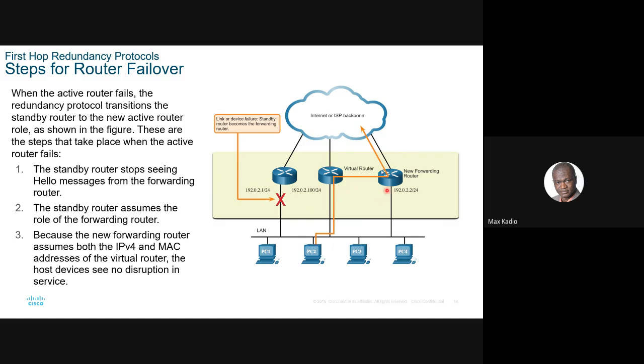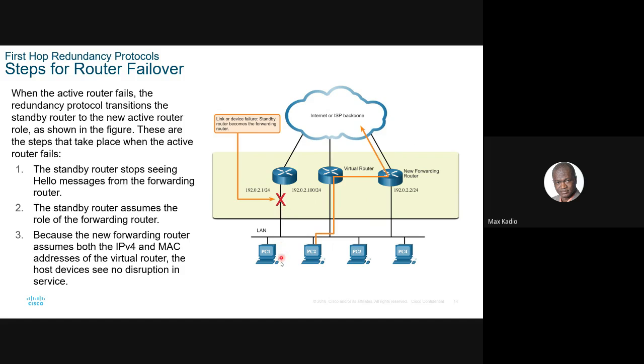But the system for first hop redundancy protocol is: router 1 and router 2, the main router and the backup router, I'm going to combine them in one virtual router, in one box, so that if one fails, the other automatically takes over. So I put them in one box, the yellow thing.